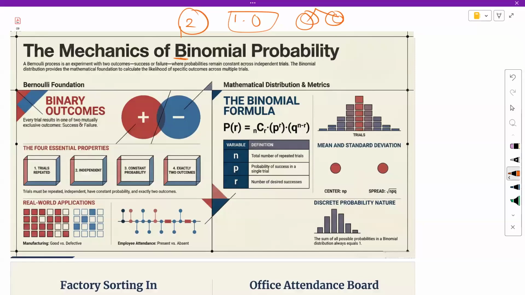A Swiss mathematician, his name is Bernoulli. Bernoulli is a scientist, a mathematician in Switzerland. He introduced a concept that has only two outcomes. Always there are two outcomes. For example, when you toss a coin, you may get two outcomes, head or tail.